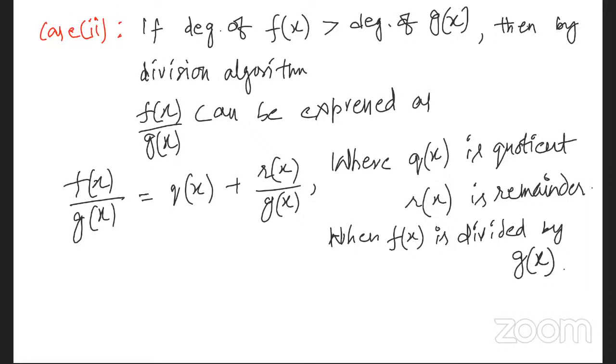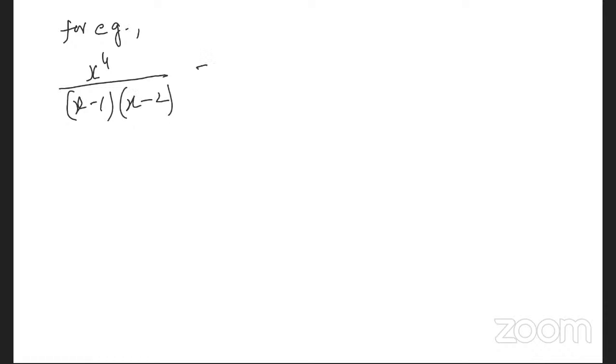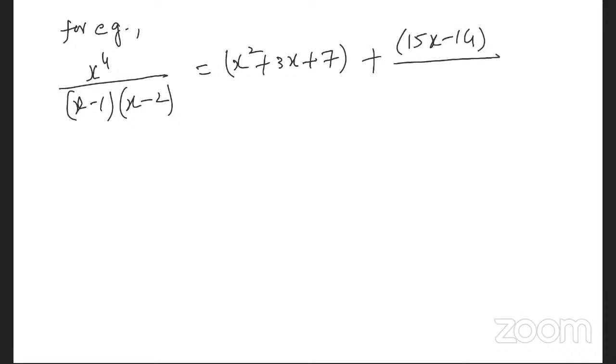We'll take an example and see how it goes. For example, x to the power 4 divided by x minus 1 into x minus 2 can be expressed as x square plus 3x plus 7 plus 15x minus 14 divided by x minus 1 into x minus 2.